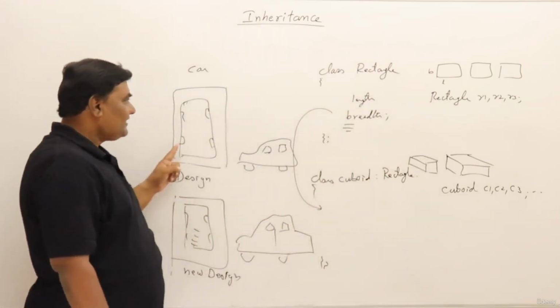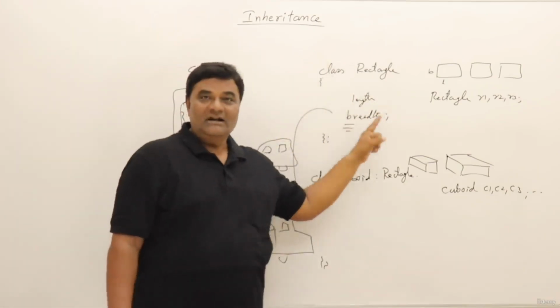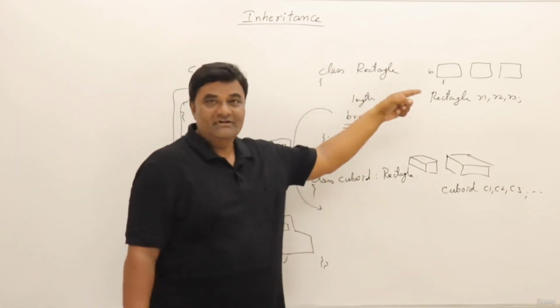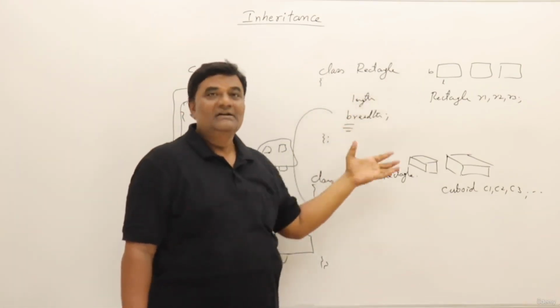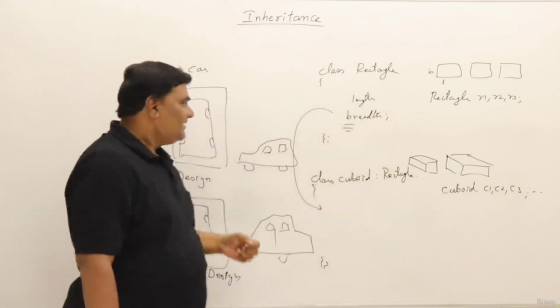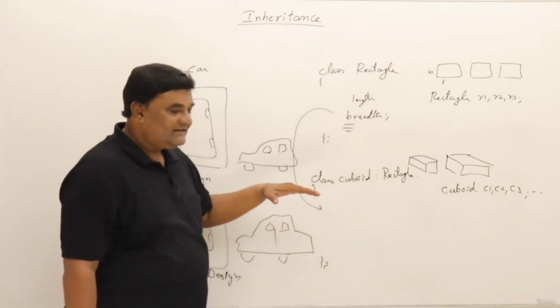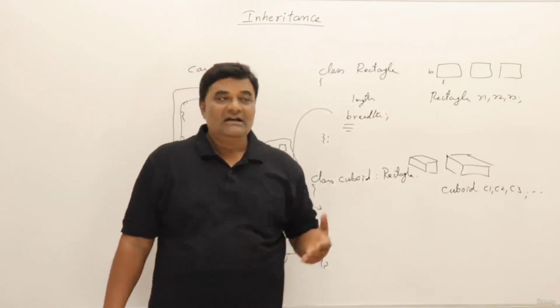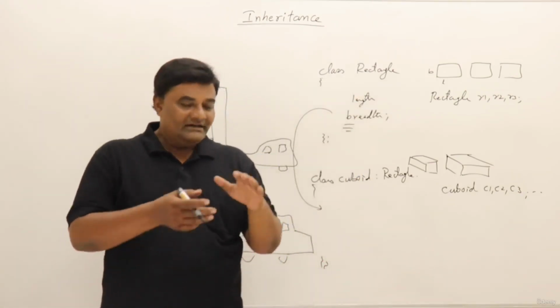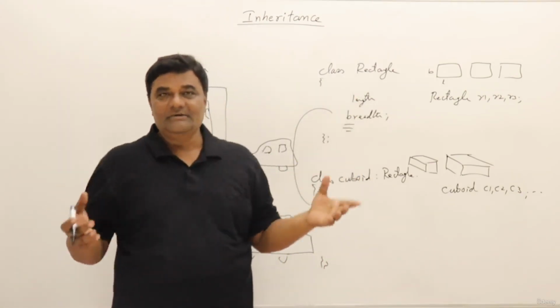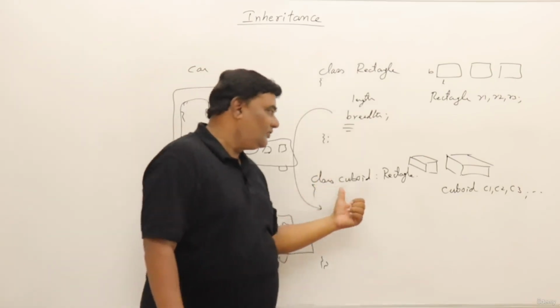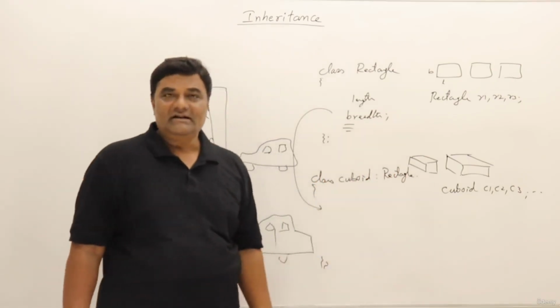This is the design with the company, a class with the programmer. This is the running program which will create objects. This is written by a programmer, so from this, objects are created. Now I want another class, cuboid, which I feel should extend rectangle. If I give a height to a rectangle, it becomes a cuboid. So I am saying that cuboid will inherit from rectangle.